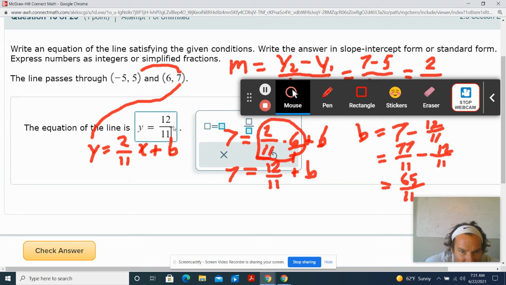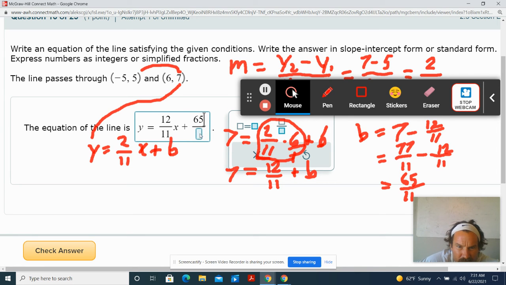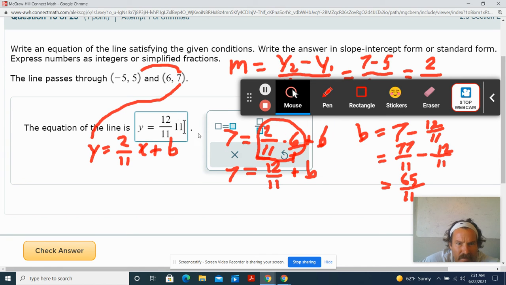Then I'm going to click right there so that it's blinking after the 12 over 11. Don't forget my x. I'm going to put my x in. That's my slope, and then plus 65 over 11. So 65 is on top, and that can't be simplified. 11's on the bottom.